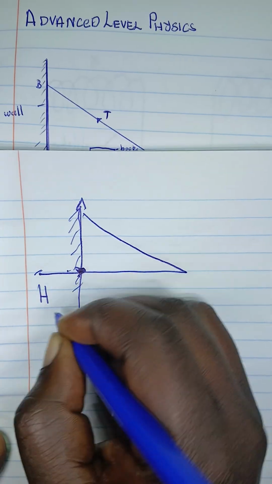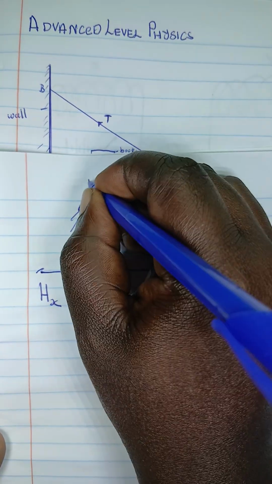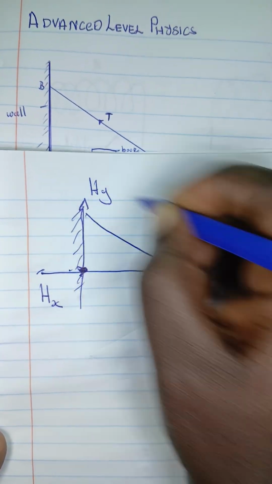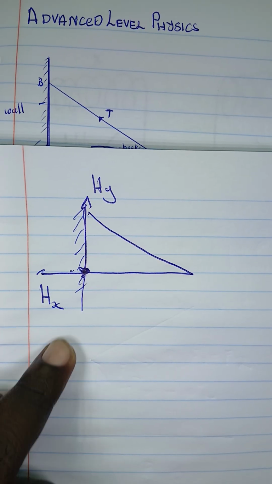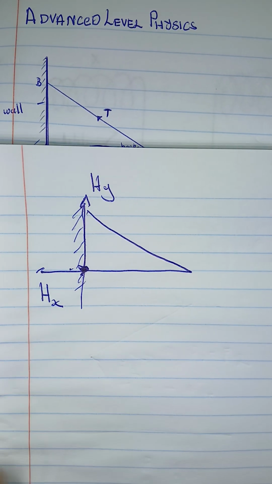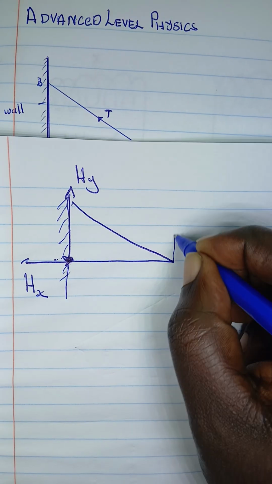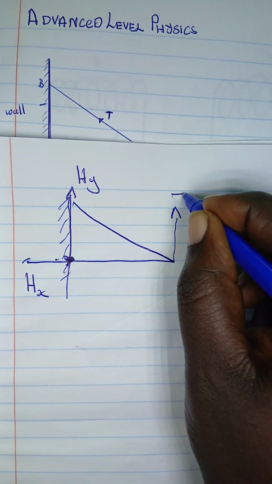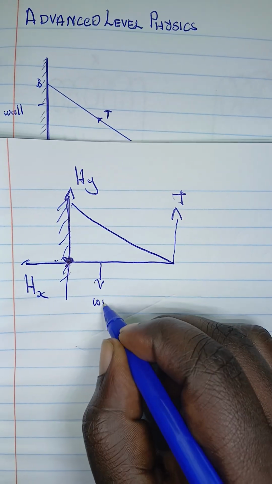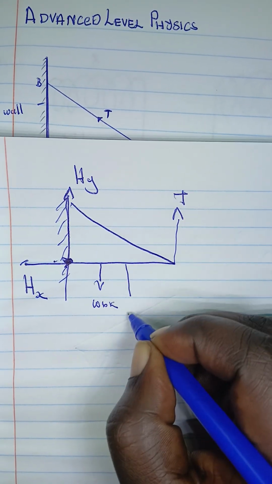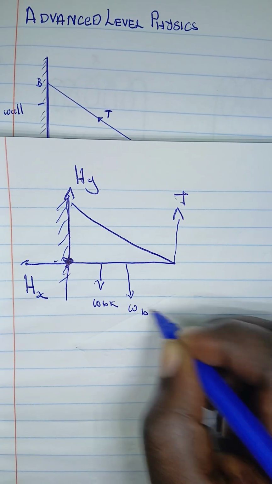So let's say this is the hinge force in the x component and the hinge force in the y component. Let's solve for the hinge force in the y component. Here you have the tension, the weight of the books and the weight of the board.